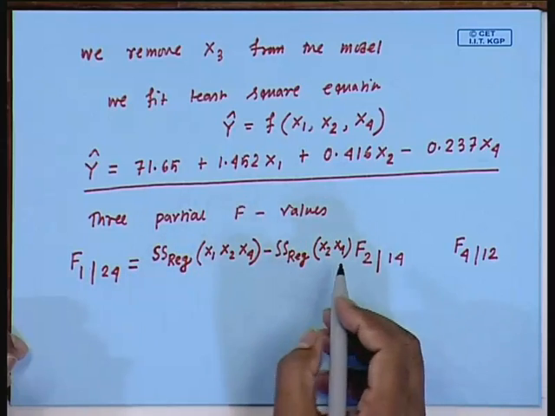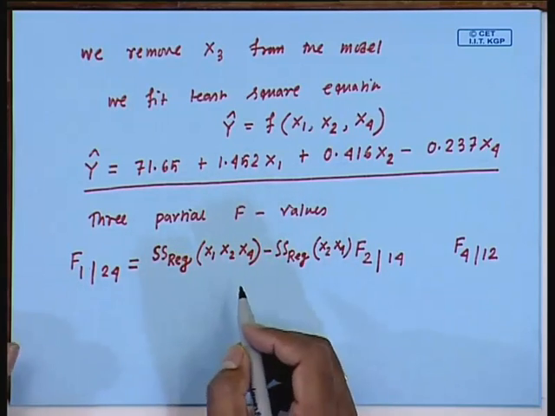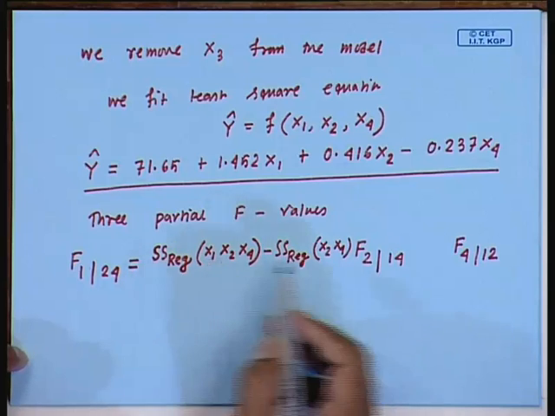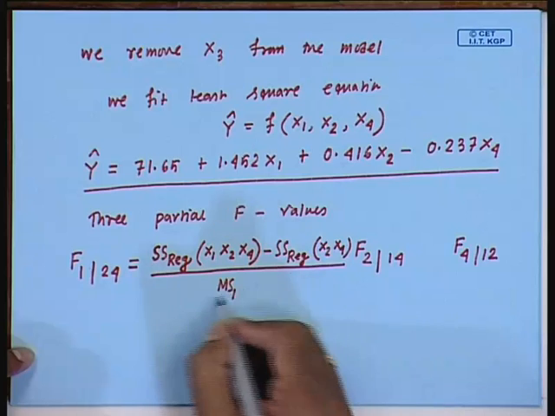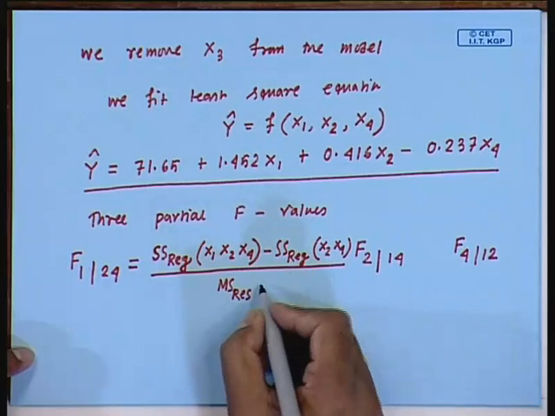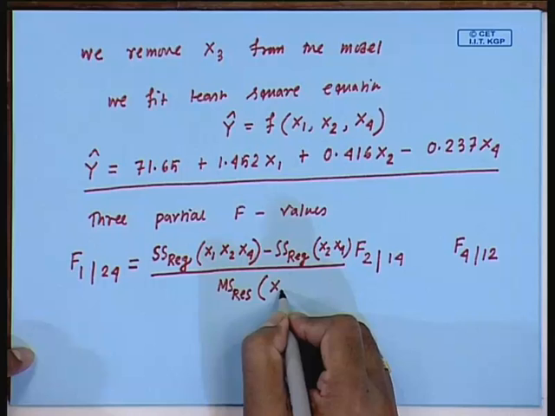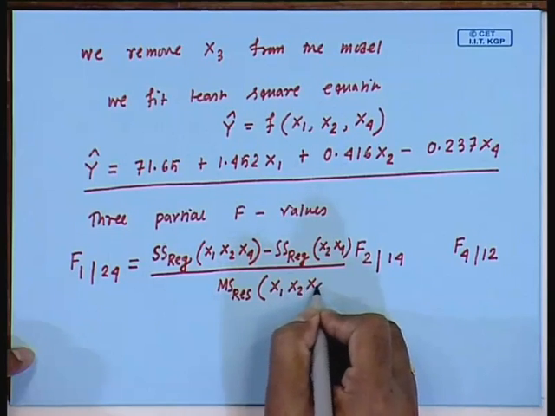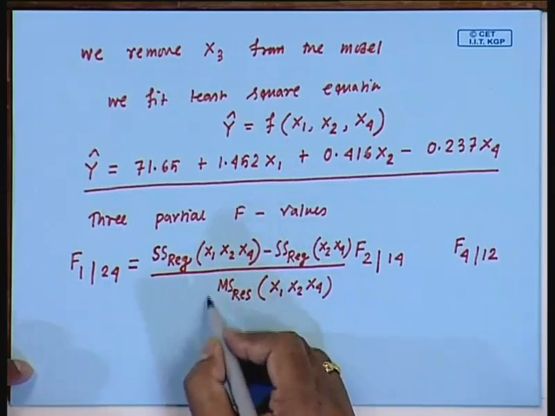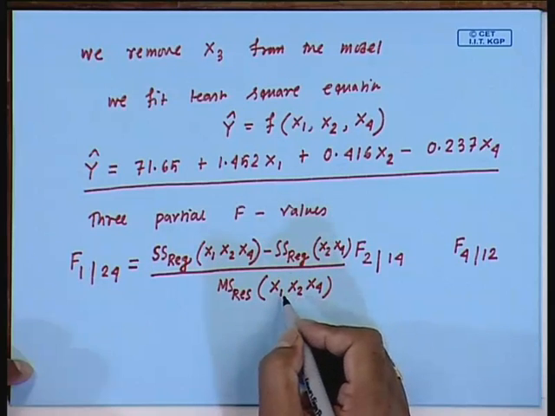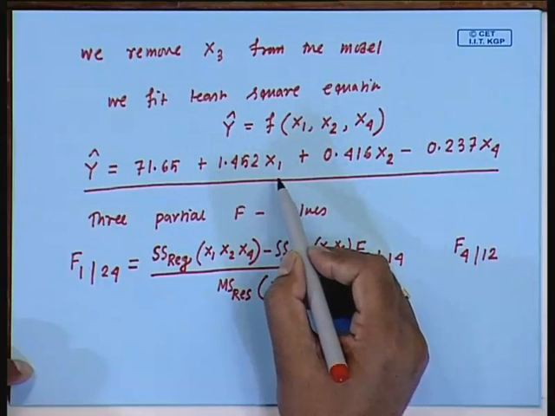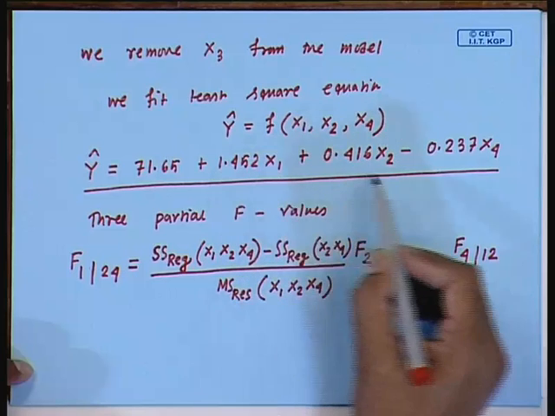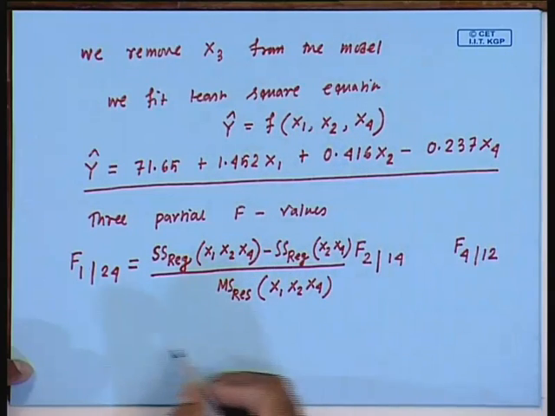This difference gives the extra regression sum of squares due to x1, and this is divided by MS residual for the model x1, x2, x4. Now this MS residual is not for the full model anymore. At this moment our full model involves 3 regressors x1, x2 and x4.